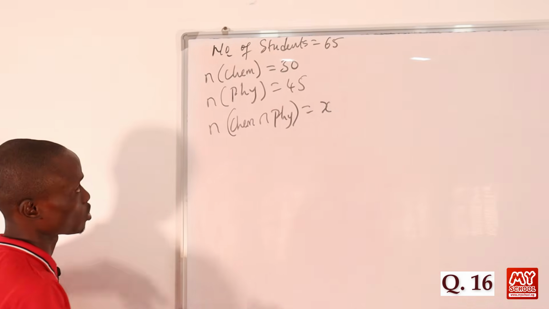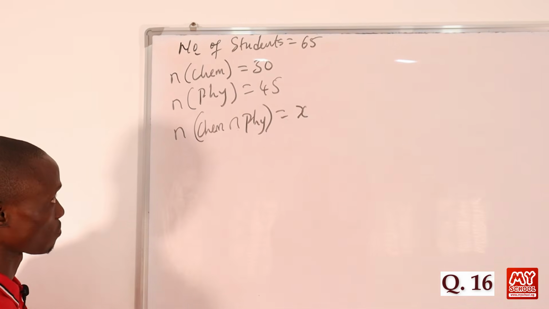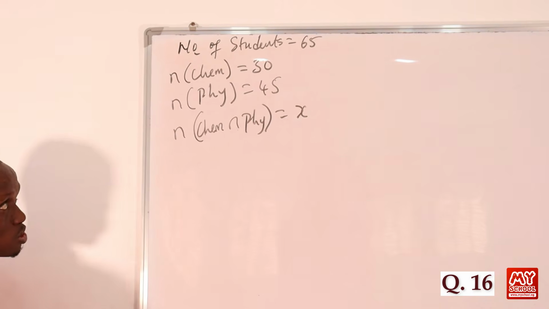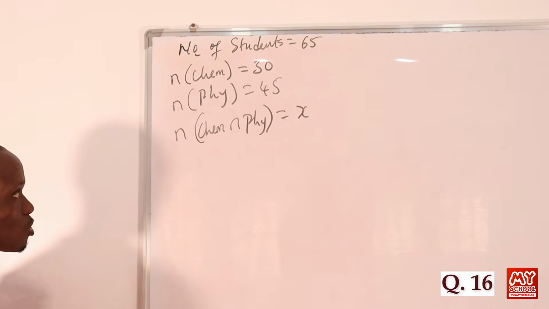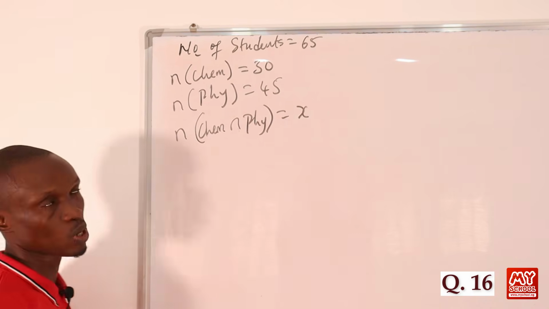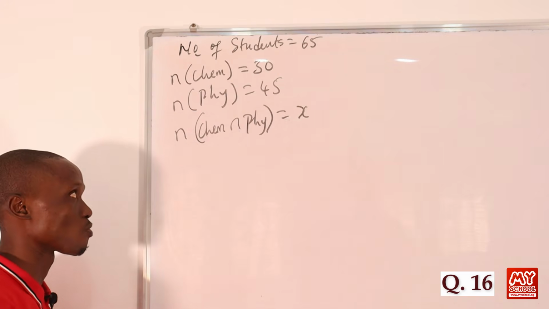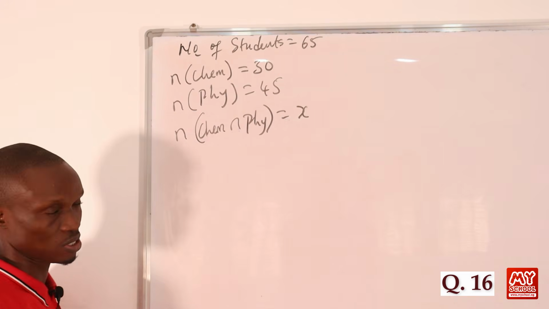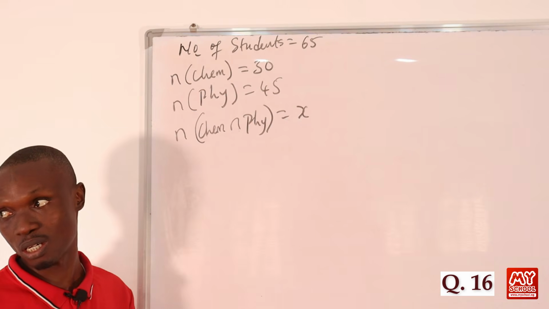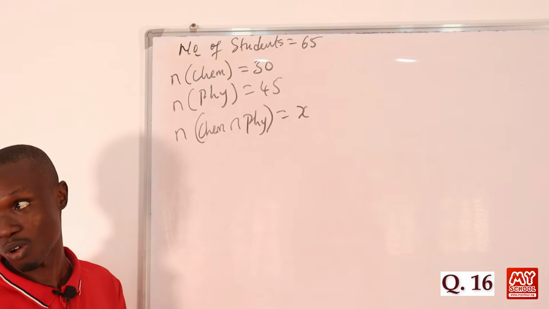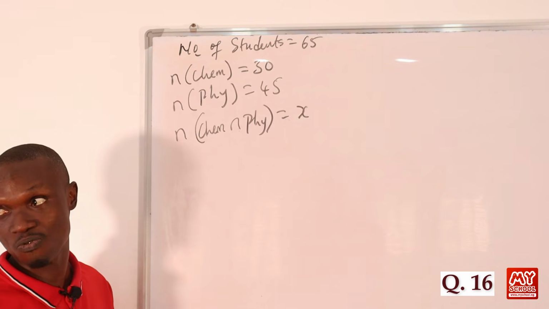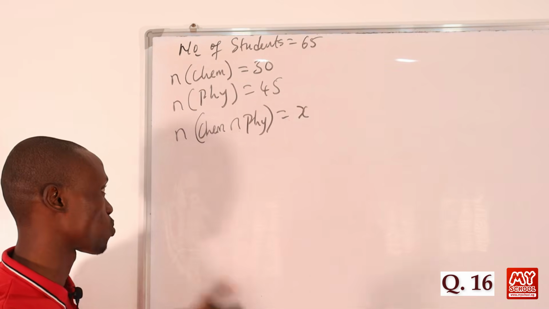So we are told in this question that the number of students is equal to 65. The number of those offering chemistry is equal to 30. Those offering physics, 45. So basically, we are looking for the number of those who offer chemistry and physics, right? Since every student offers at least one subject.